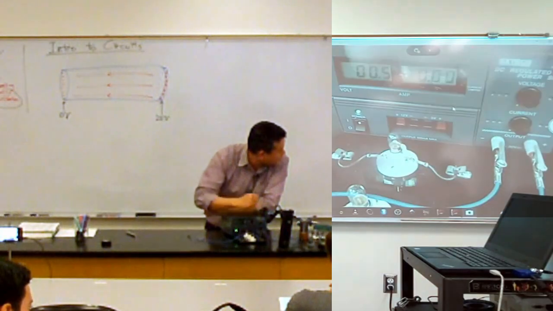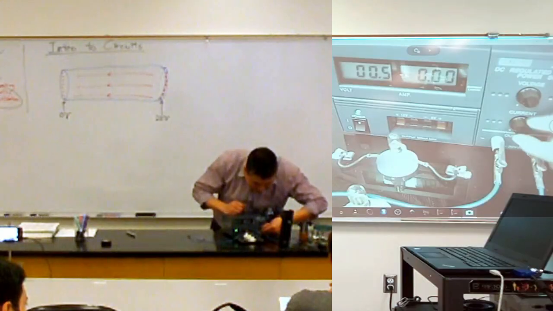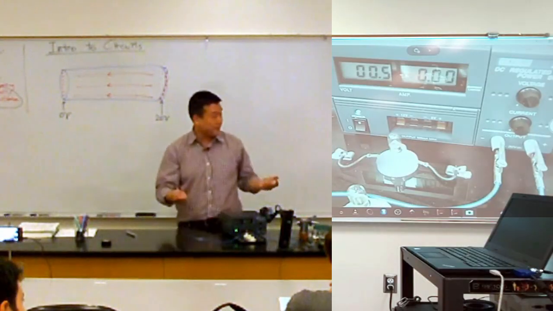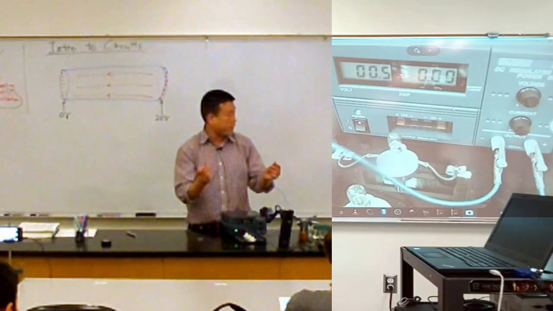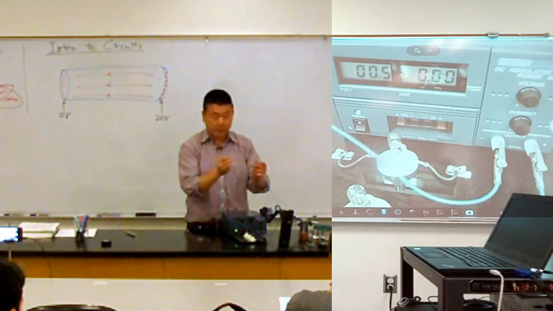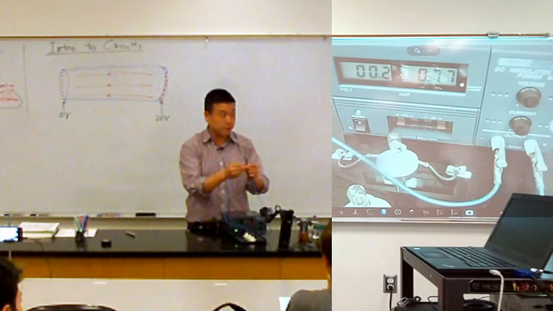So let's say with this, I'm trying to apply 0.5 volts. And let me fiddle with the second knob a little bit. And what we are saying is that now there will be situations where if I'm trying to apply 0.5 volts, I can't. Physically, I'm just not able to apply 0.5 volts.